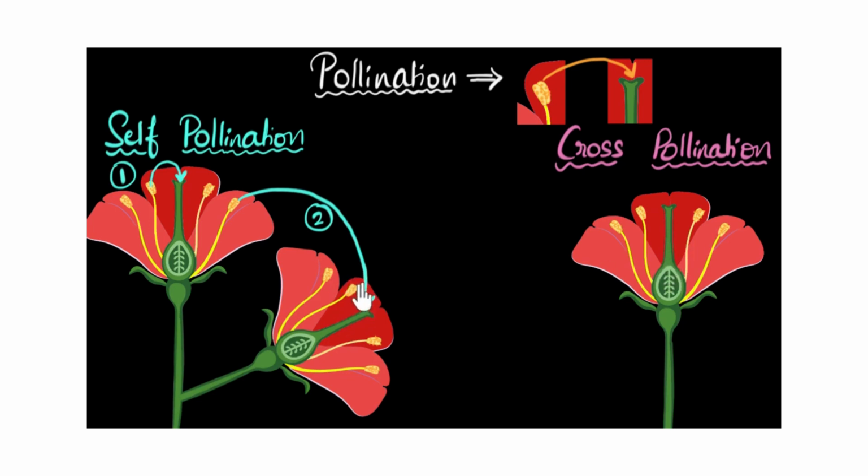So for example, if you have pollen grains from here going all the way to the stigma of a different flower altogether, belonging to a different tree altogether, then that is what we call cross-pollination across two different plants. Of course, same species, obviously, but two different plants altogether. So I'll call this number 3. This is in pink, so this is cross-pollination.